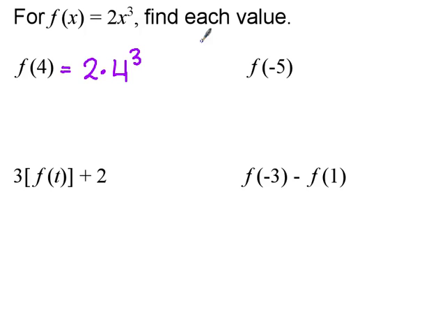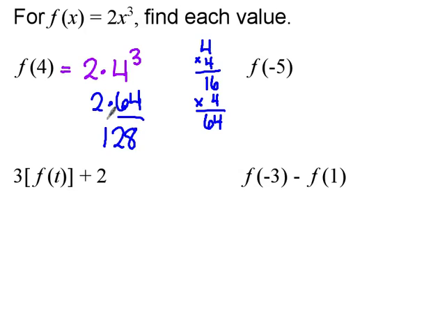I have to do 4 times 4, and then take that times 4, and I get 64. So really, I've got 2 times 64. If I take 2 times 64, I get 128. The negative 5 will be the same thing.